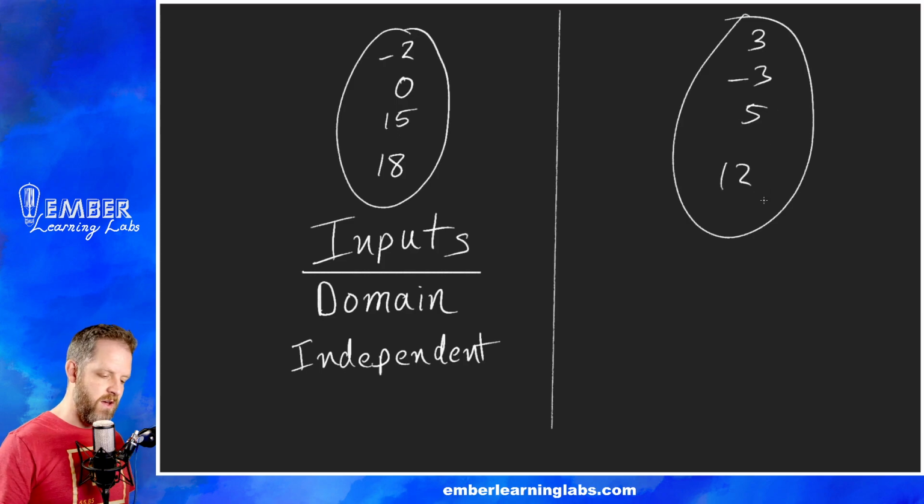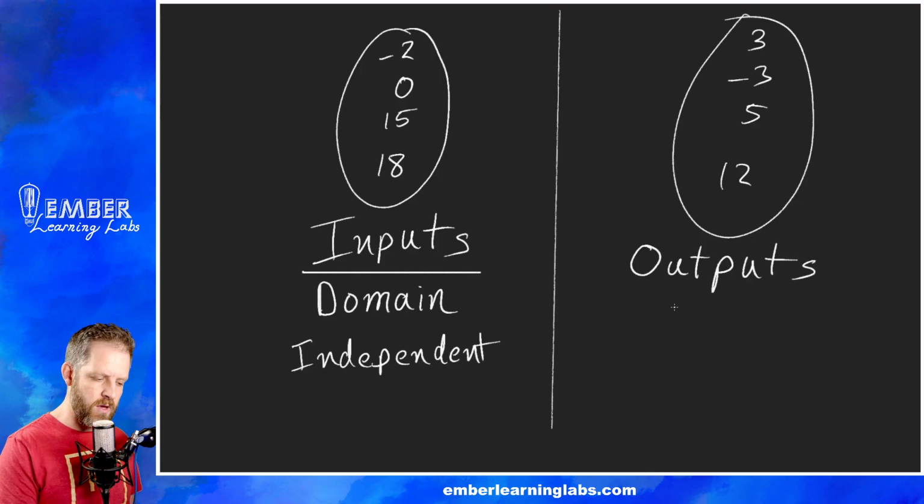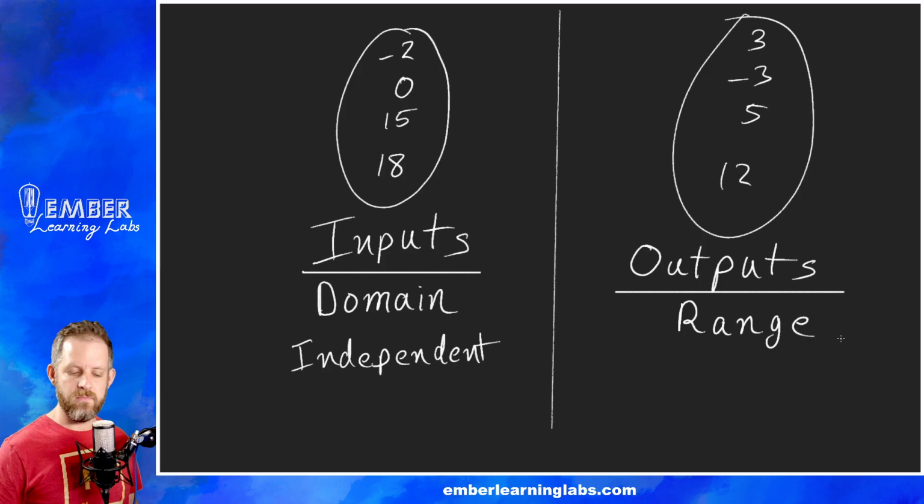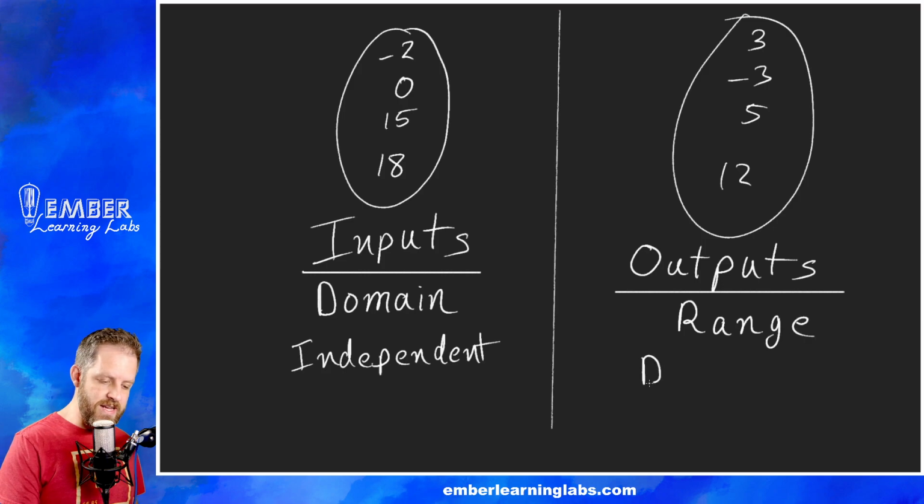Sounds great, right? These are the outputs, just like we had on our last slide. The list of all outputs is called the range of a function. And they are the dependent quantities.